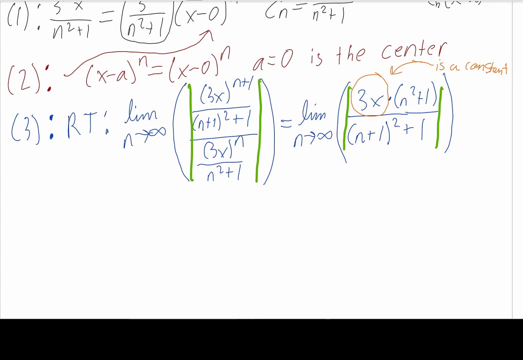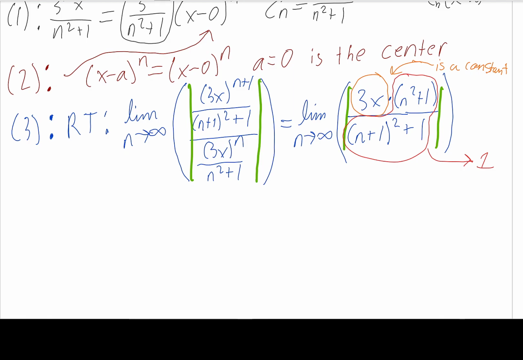So I'll have an n squared on top and an n squared on bottom, which tells me that, let's see, I need a different color. Let's use red, why not? This part right here is going to go to 1, right? As n goes to infinity, this will go to 1.